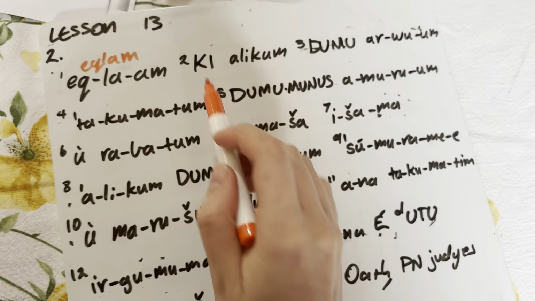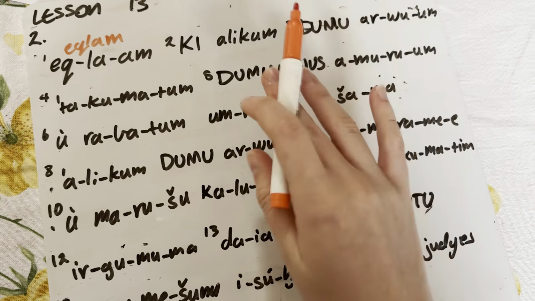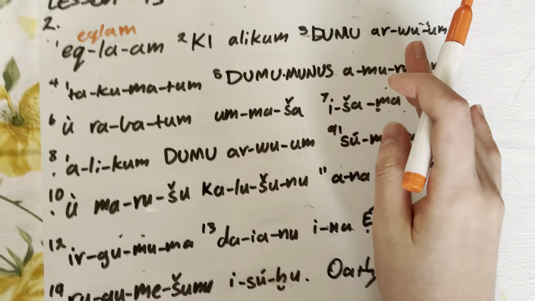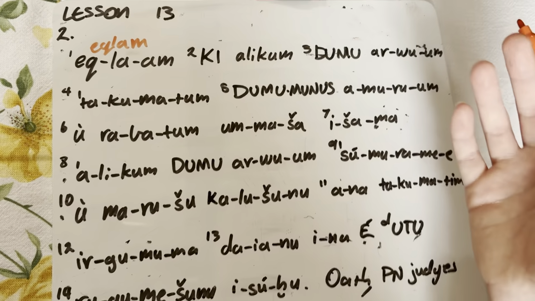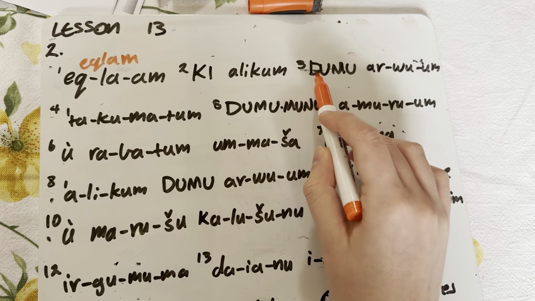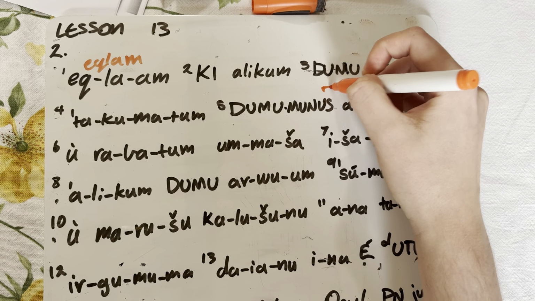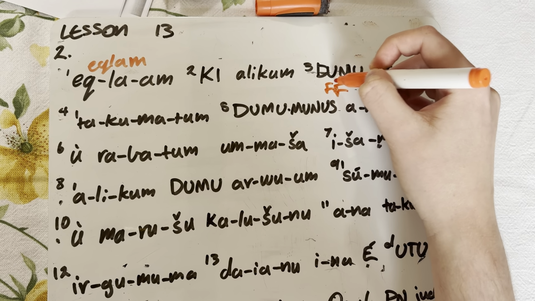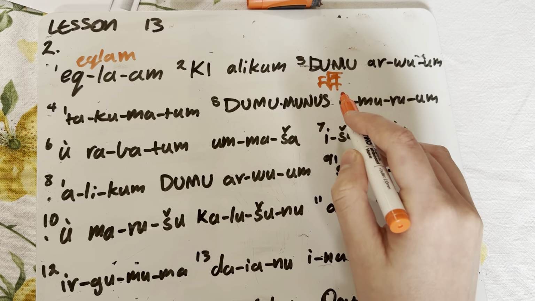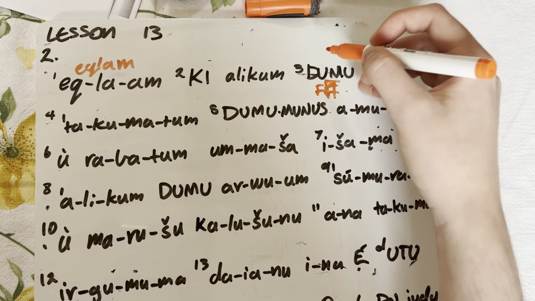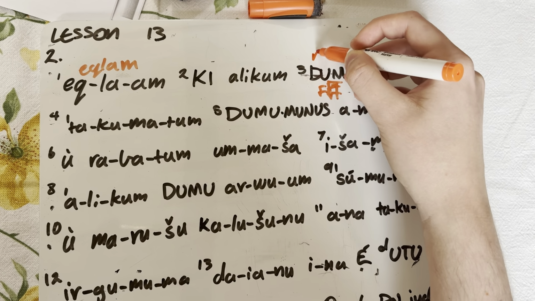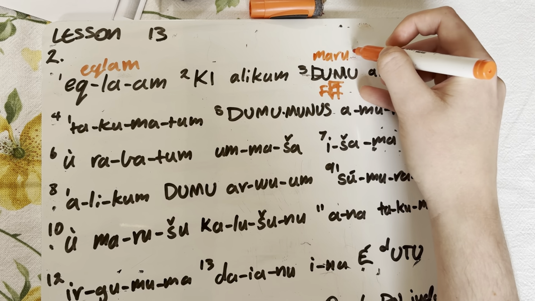When they're in capitals, it's the sumerograms that are being used, where they've got either multiple meanings or they just represent one whole thing. For example, the sign dumu, which is like this in Neo-Assyrian, that means sun. In Neo-Assyrian, it's marum.